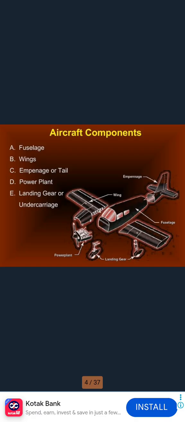Empennage. The tail assembly is comprised of the vertical and horizontal stabilizers, which provide stability, and the movable rudder and elevator, which control yaw and pitch. Flight control surfaces such as ailerons, flaps, and trim tabs allow the pilot to maneuver and adjust flight attitude.